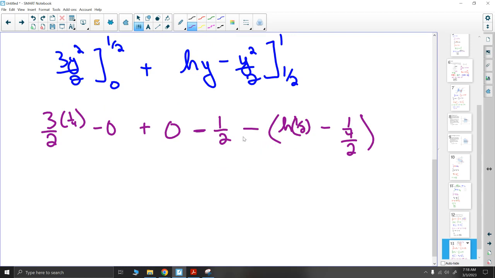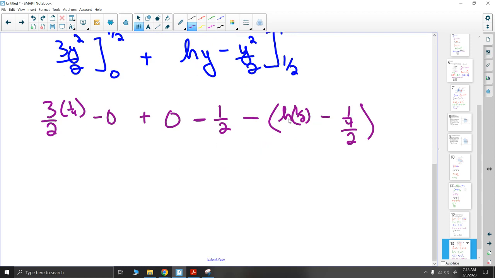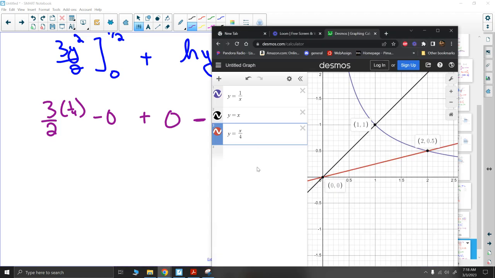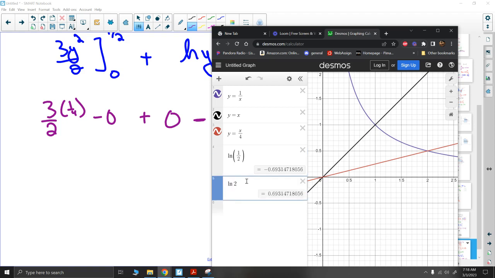So, trying this out here, we have natural log of 1/2. Let's take a look at that really quick. Natural log of 1/2 is negative, so why is this going to be a negative natural log of 2?